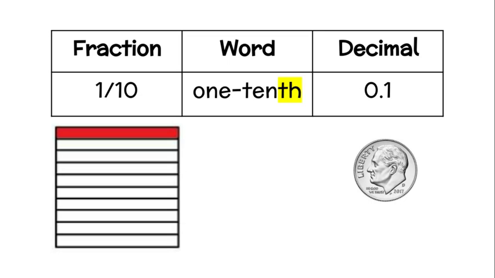So now we're going to make just a little chart on your paper that shows 3 columns: a fraction column, a word column, and a decimal column. So you can see right here that we have the fraction, we have 10 bars, and we're showing 1/10 of the bars, which shows the fraction 1/10. If we were going to say the fraction 1/10, we would just make sure that we added that th onto the word 10.